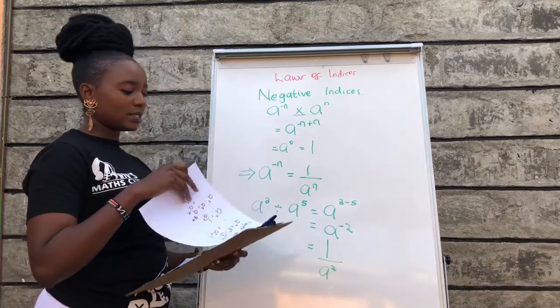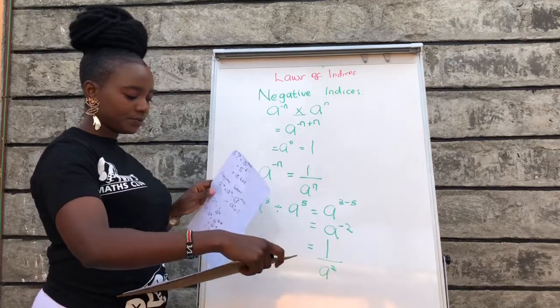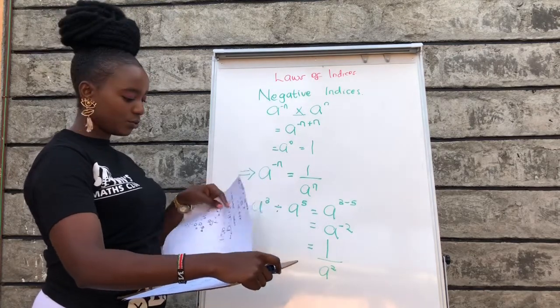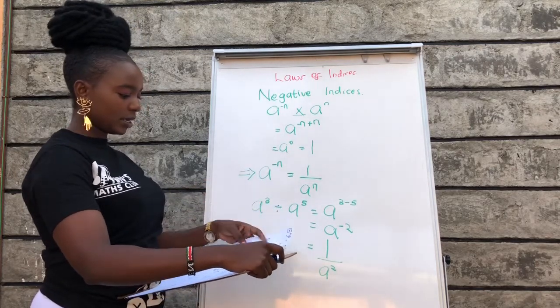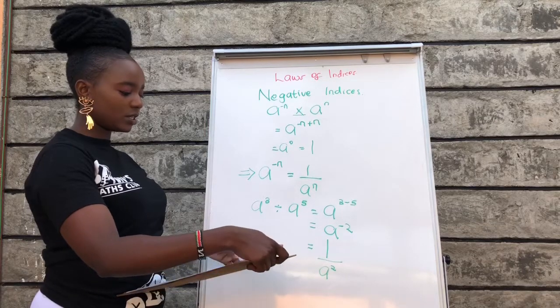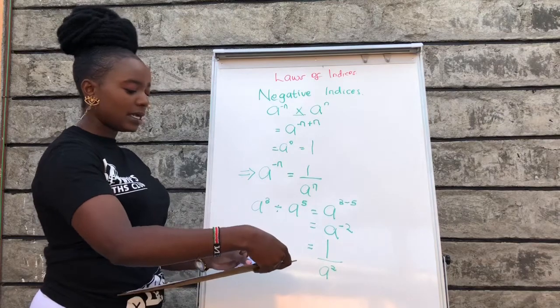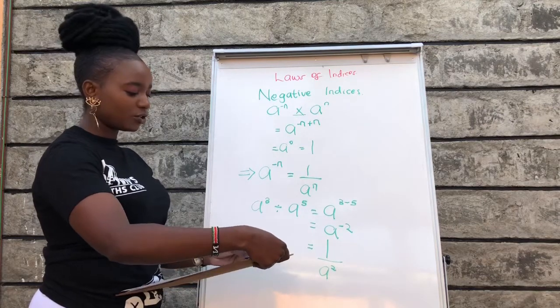Let's look now at the third concept. So we've looked at the negative indices. We've looked at the 0 indices, how the 1 comes about. So now let's look at the fractional indices.